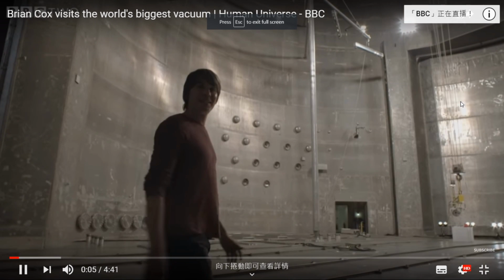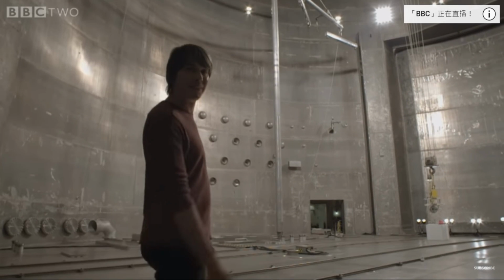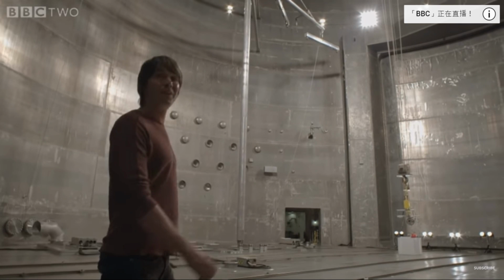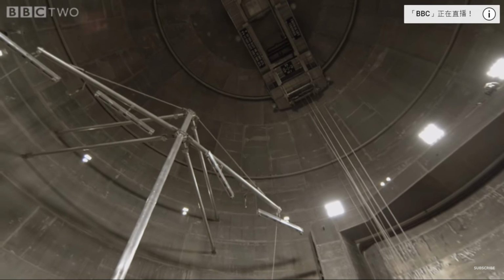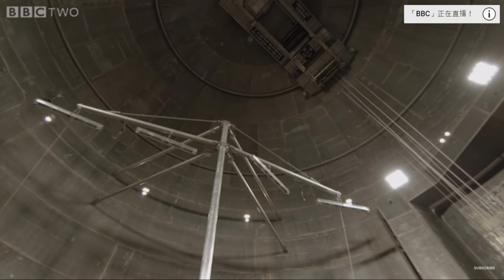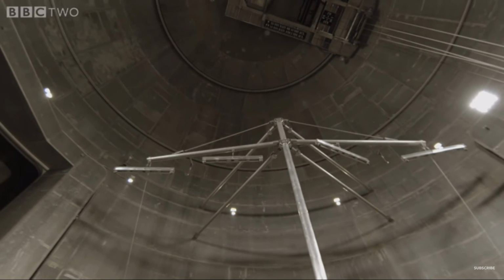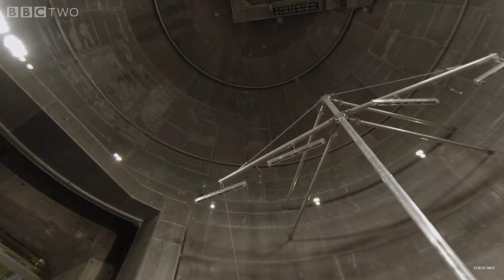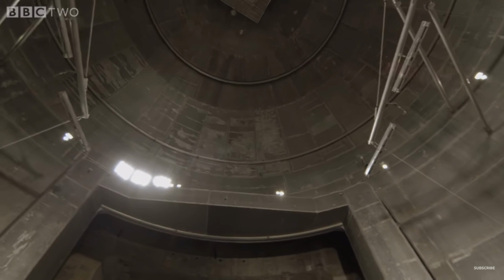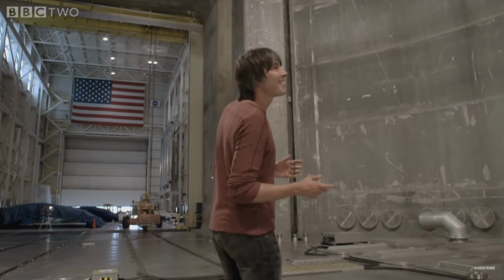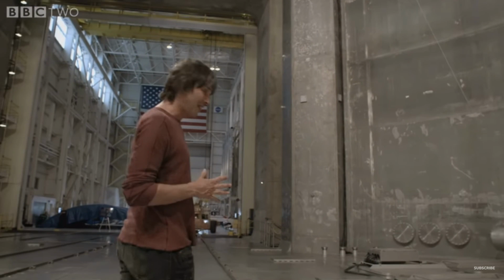This is NASA's Space Power Facility near Cleveland, Ohio, and it is the world's biggest vacuum chamber. It's used to test spacecraft in the conditions of outer space, and it does that by pumping out the 30 tons of air in this chamber until there are about 2 grams left. It's kind of got an eccentric construction, which is part of its history.